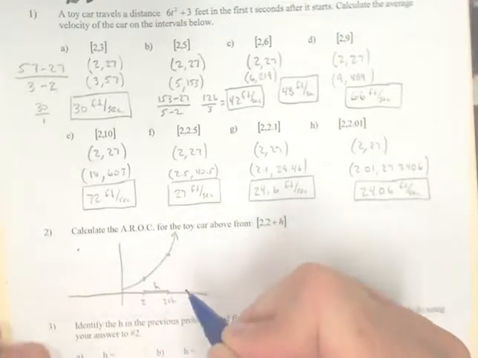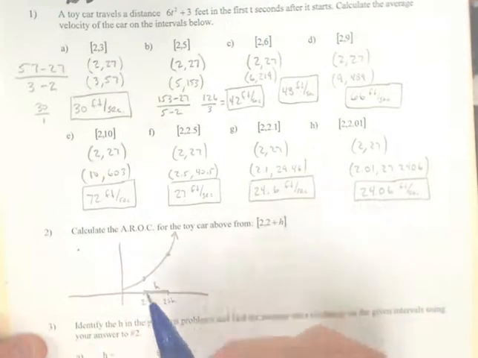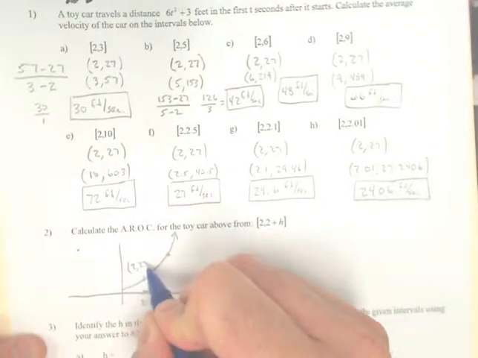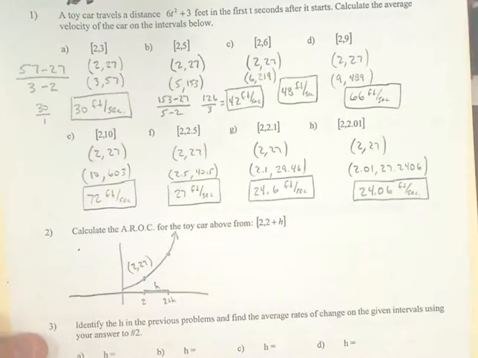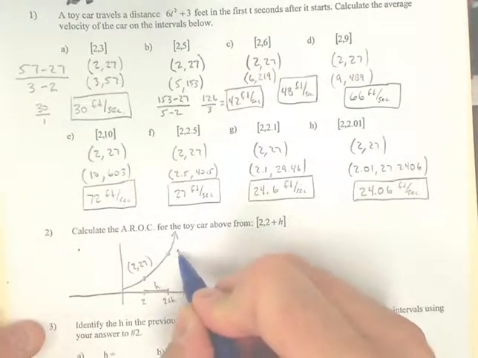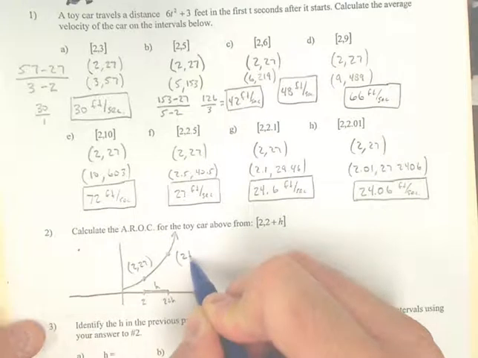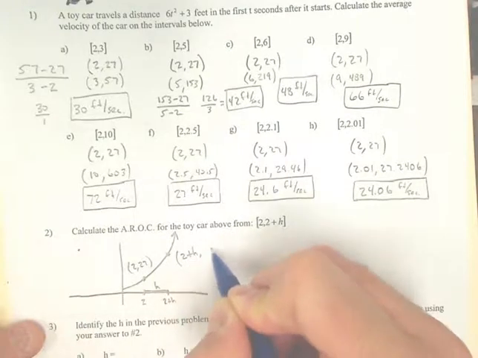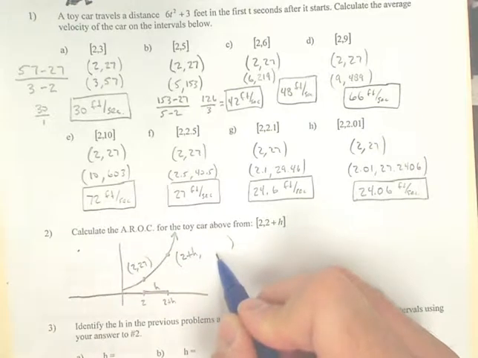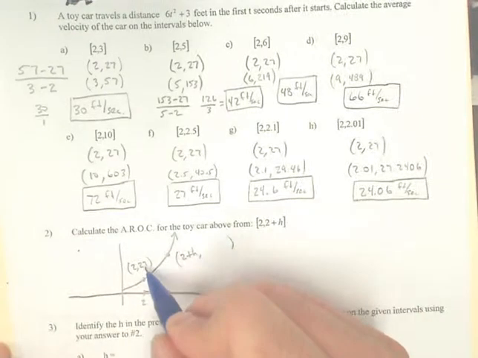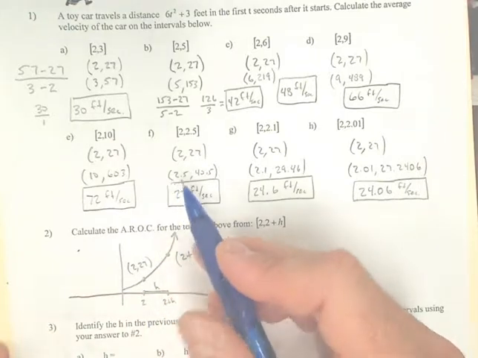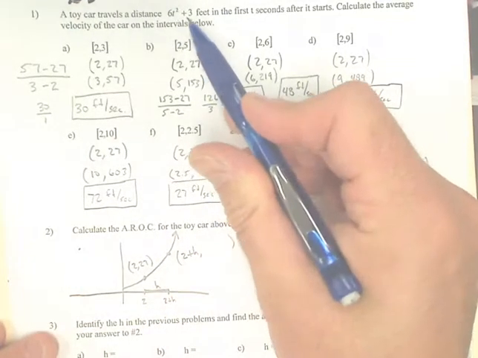If we write these coordinate points, this one is still (2, 27). The 27 comes from plugging 2 into that equation. And this random dot, which I could have put anywhere, is (2 plus h, something). What is that y value? Well, to get the 27 for the 2, we plugged it into the 6t squared plus 3 equation.